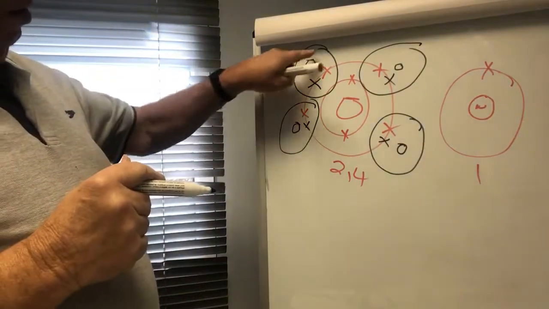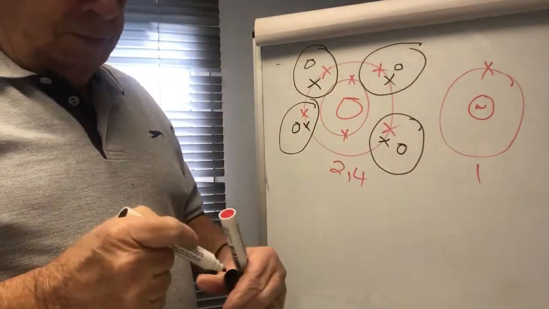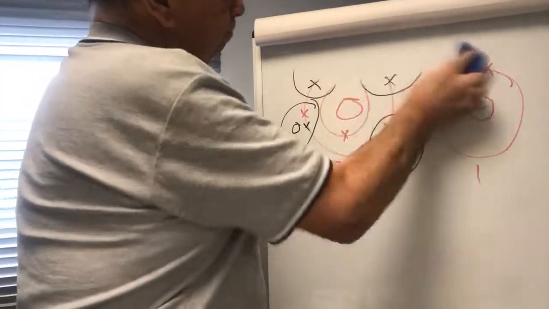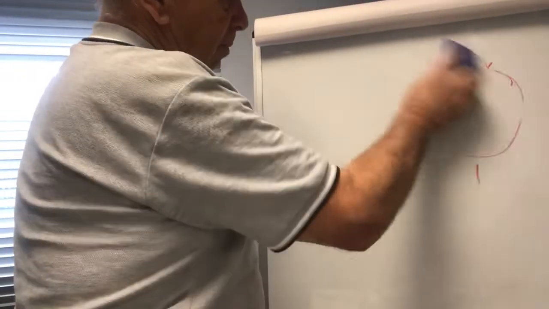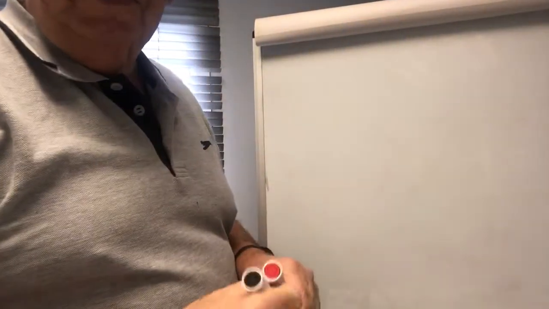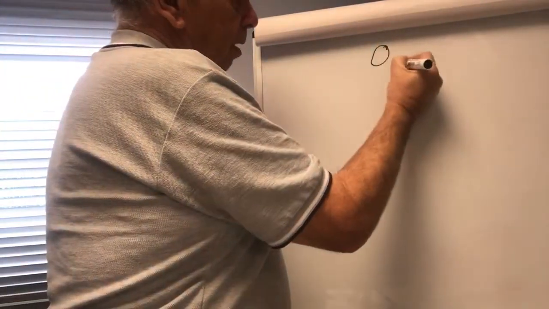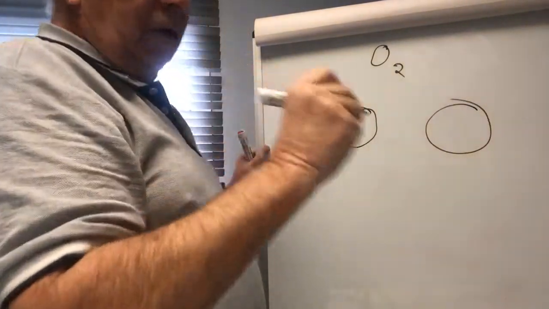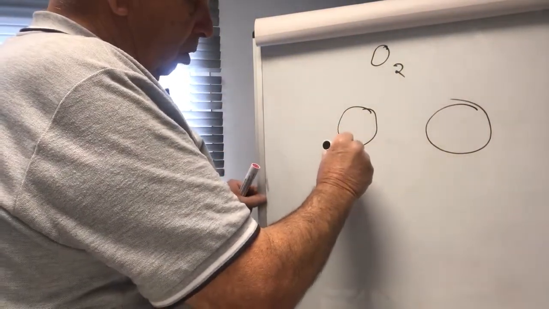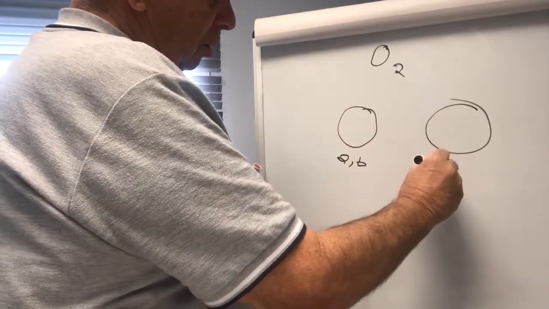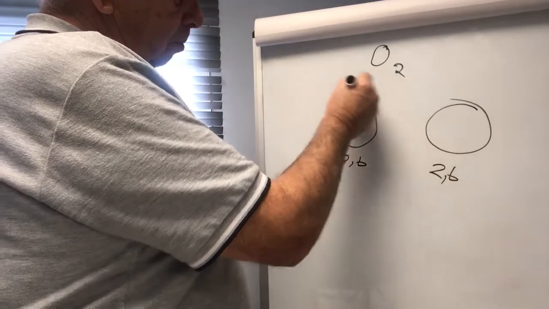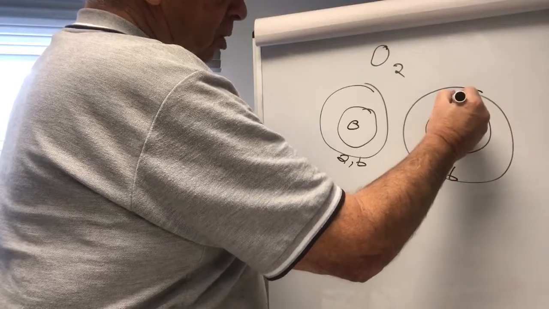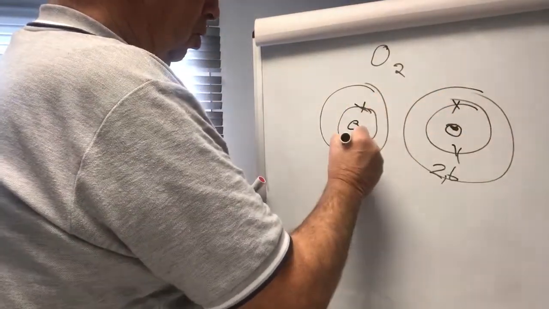So, sharing of electrons, covalent bonding. Oxygen, O2, there is O, there is O. Its structure is 2,6.